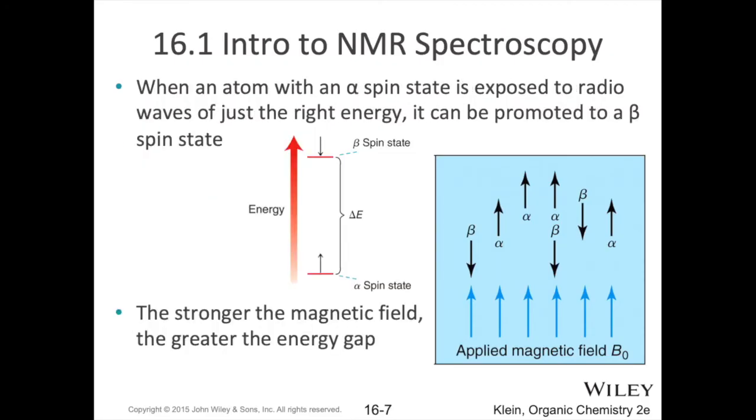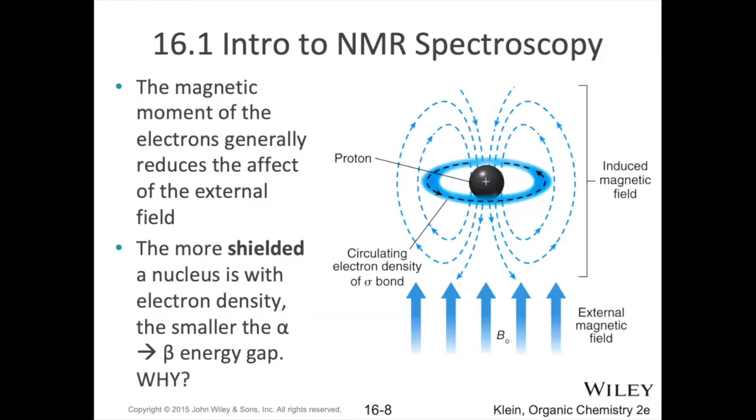By varying the intensity of the radio waves, by varying their energy, which we can do by varying their frequency or wavelength, we can essentially measure that energy gap between those spin states.